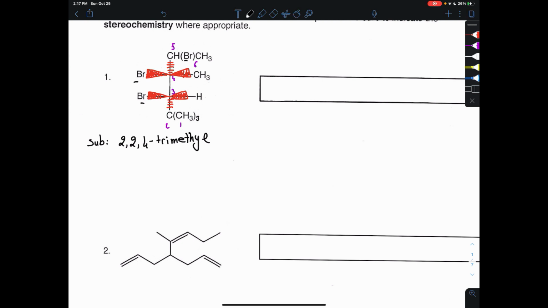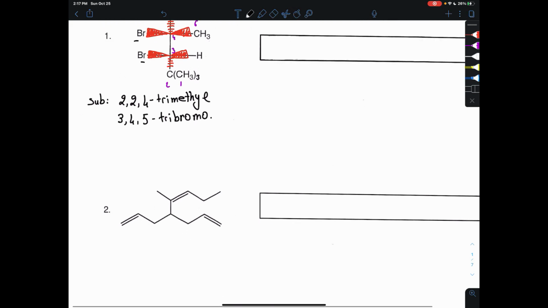So it's going to be carbon number 3, carbon number 4, and carbon number 5, so 3,4,5-tribromo. And then do I have anything else for substituents? I don't. So now the main chain, the family name, or I'll just call it root, is going to be hexane.